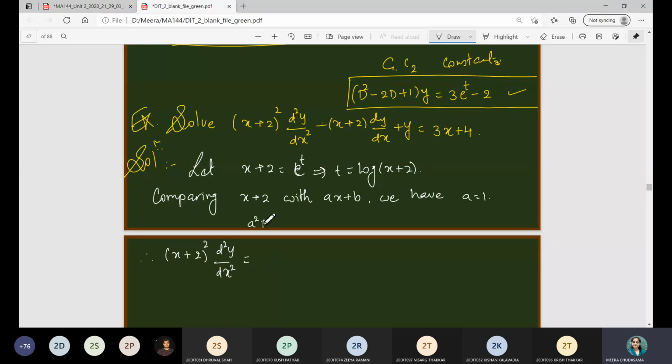Actually, it will be D² − D, so a is 1, so it is just D² − D.